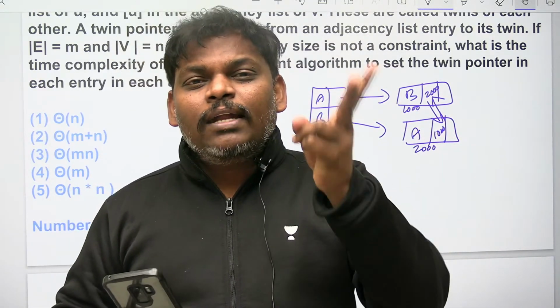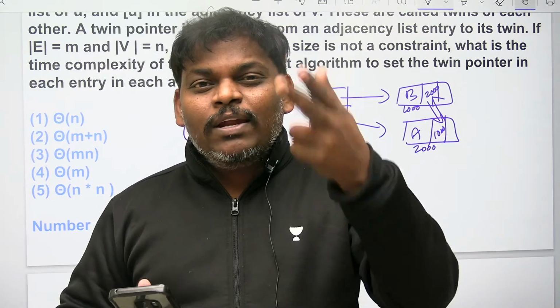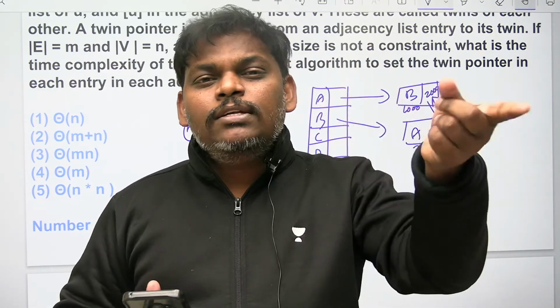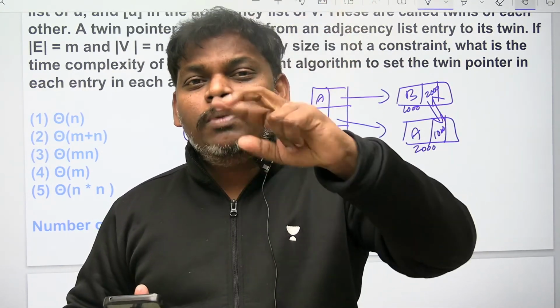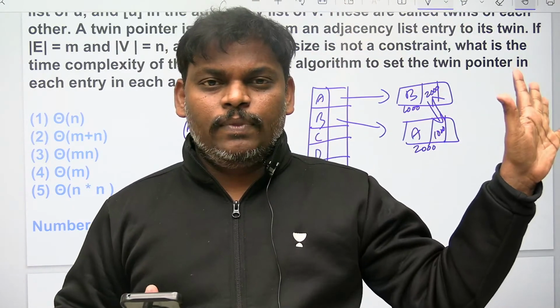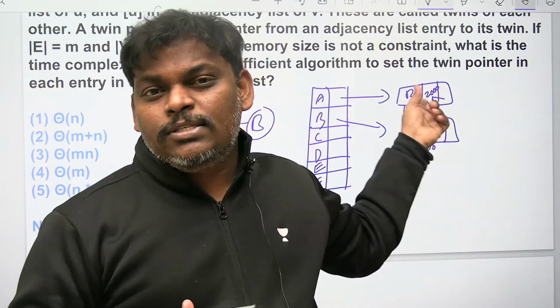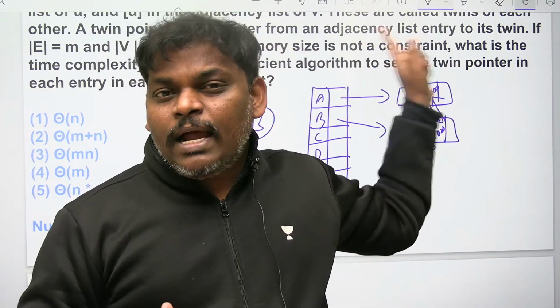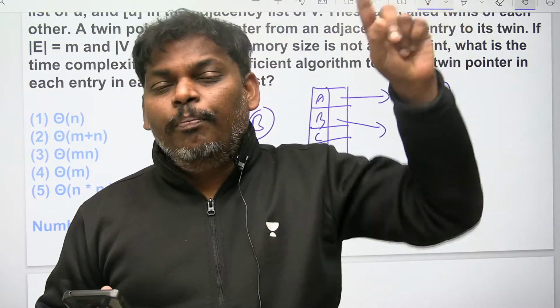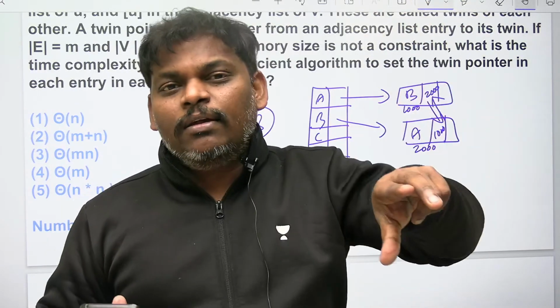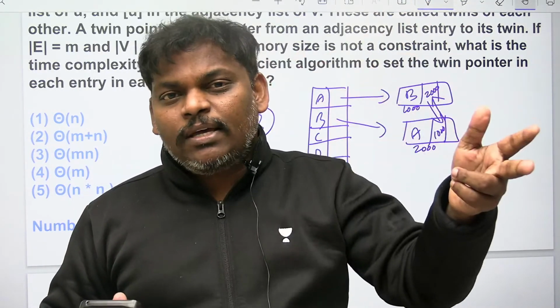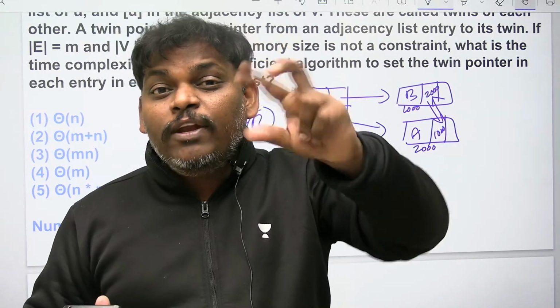In the given undirected graph, A adjacent to B means B adjacent to A also. When you represent this undirected graph in adjacency list representation, A's list has B and B's list has A. These are called twins of each other. You have to maintain the twin pointer.